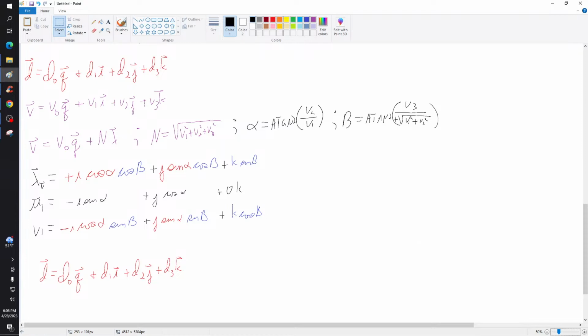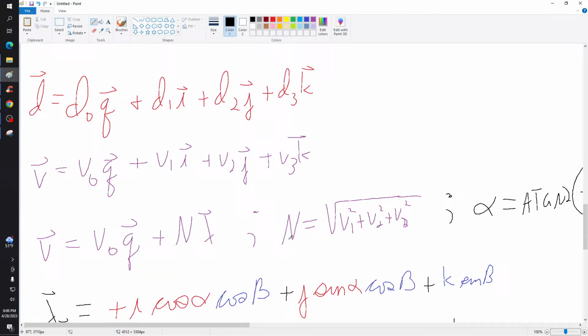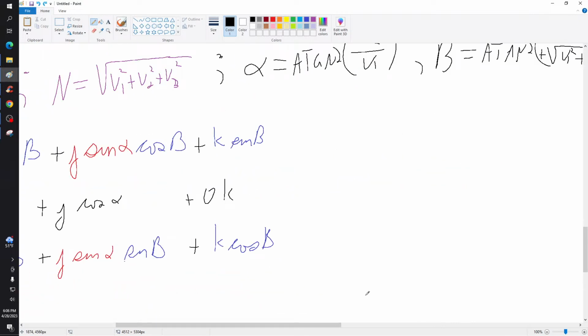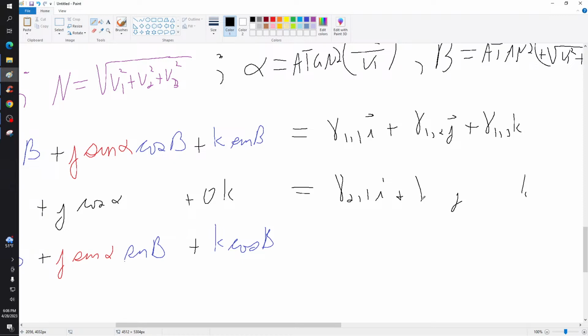We're going to write this more simply as lambda equals gamma 1,1 i plus gamma 1,2 j plus gamma 1,3 k. Mu will be equal to gamma 2,1 i plus gamma 2,2 j plus gamma 2,3 k.